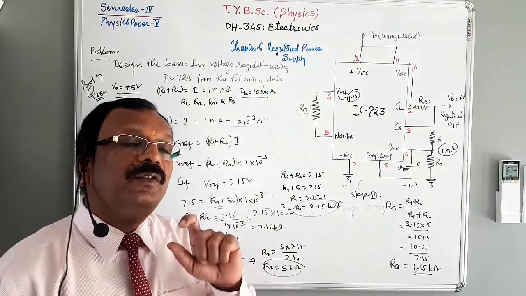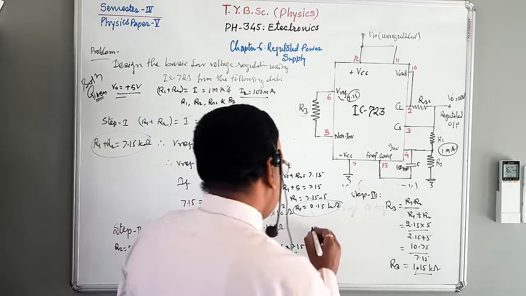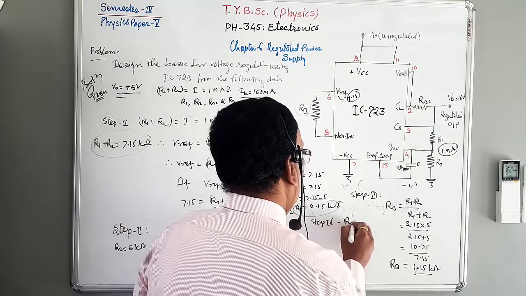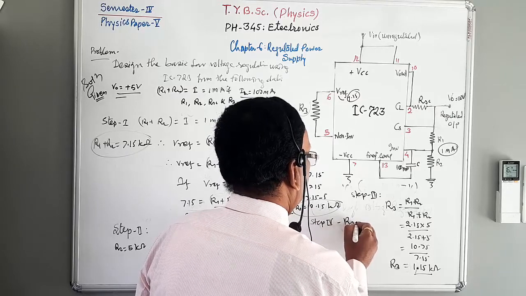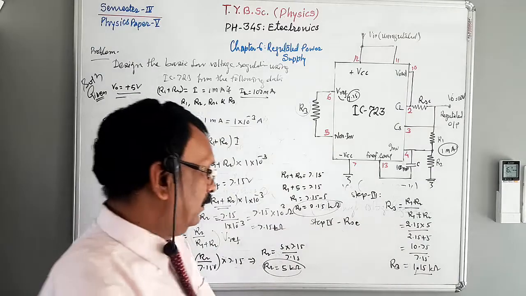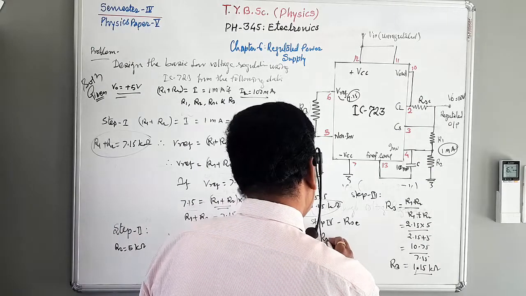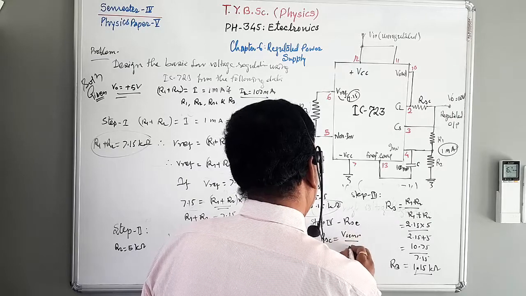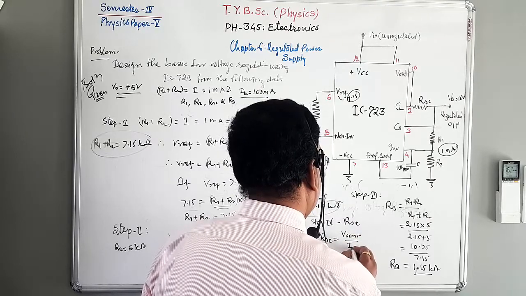Now here you have to calculate one more thing, that is, in step fourth, you have to calculate the value of RSC, and we know that RSC is equal to V sense upon IL.